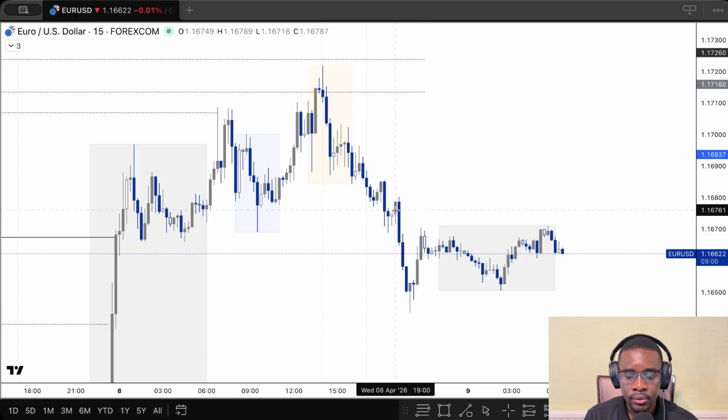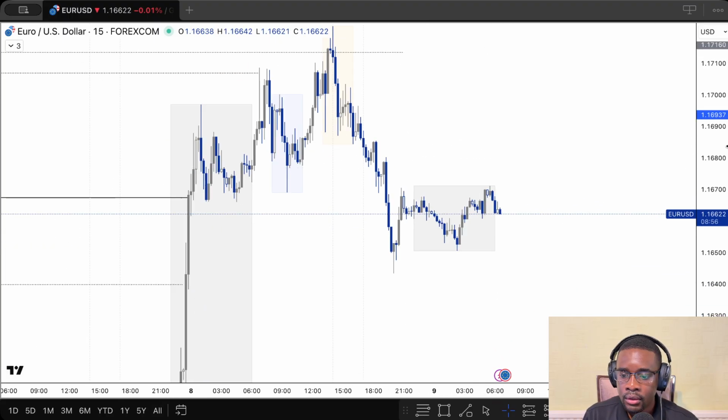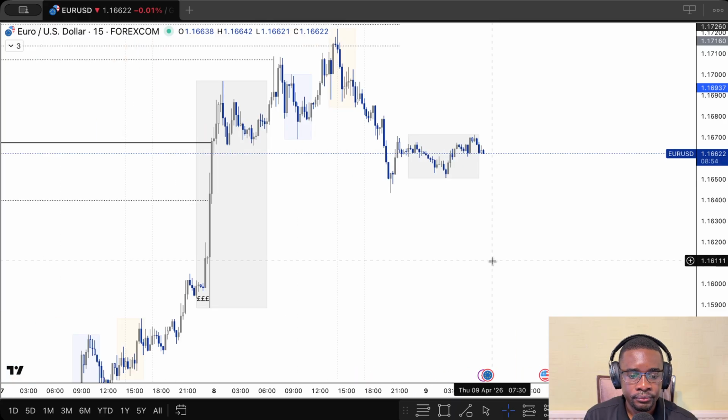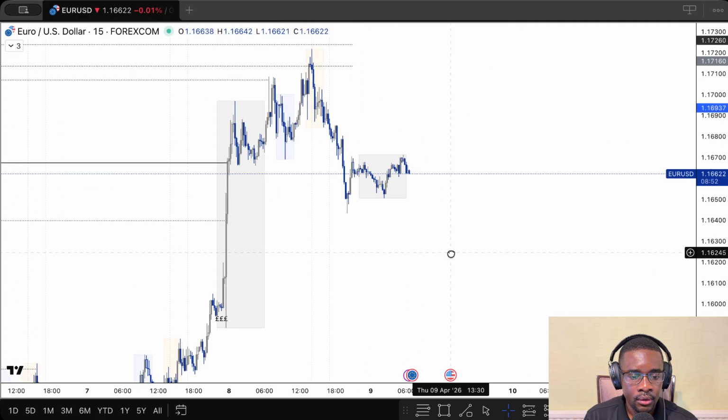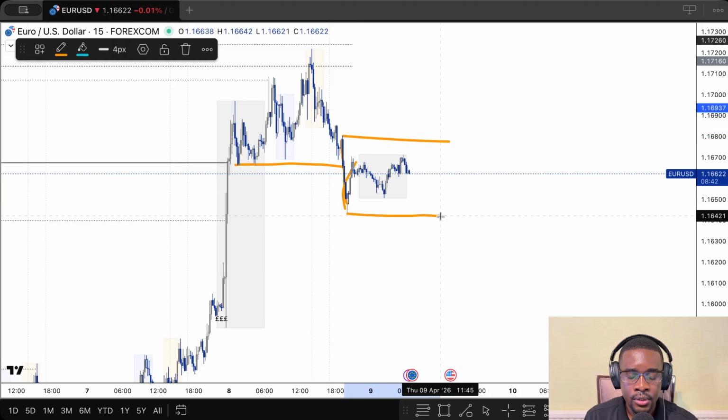Now looking ahead to today, we've already swept these lows, and then we continued lower, and then we've come up, and price is stuck within this range at the moment.